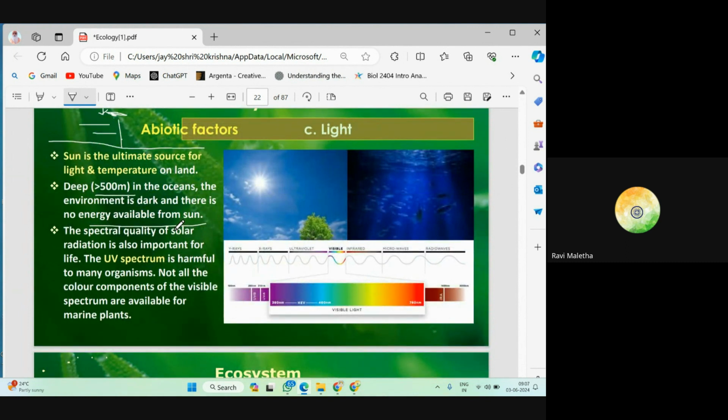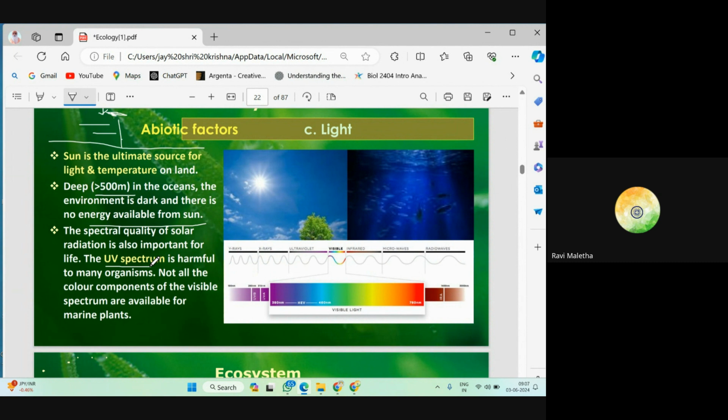Next, the spectral quality of solar radiation is also important for life. The light which is coming to us is of various frequencies and various wavelengths. In that light, UV light is also there, which is not good for us. It is known as ultraviolet rays.